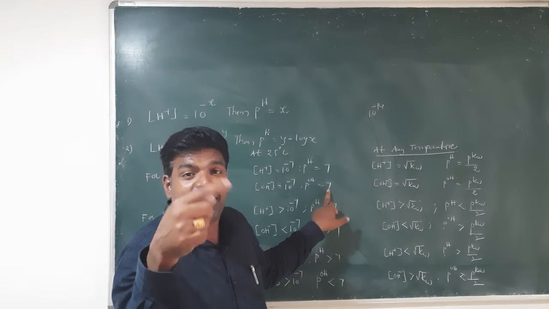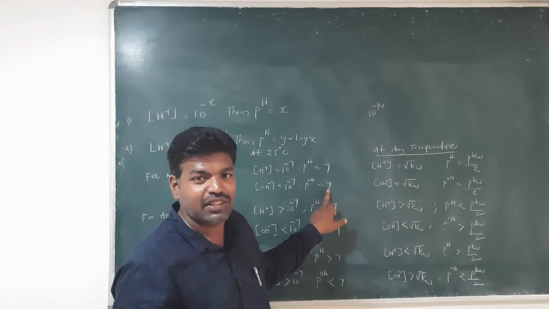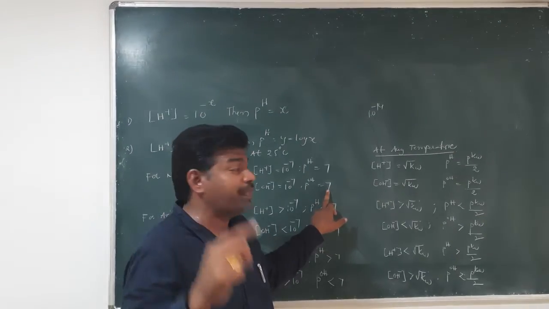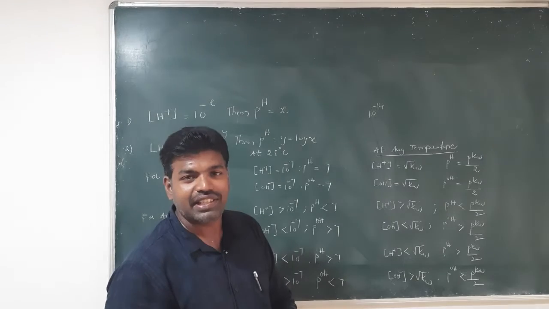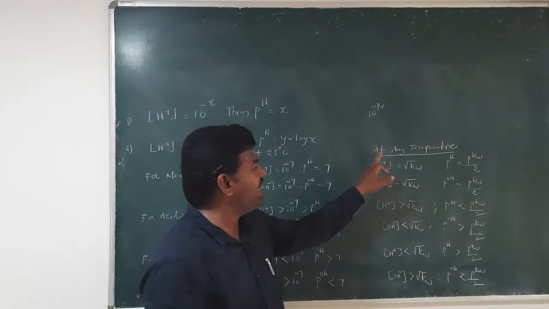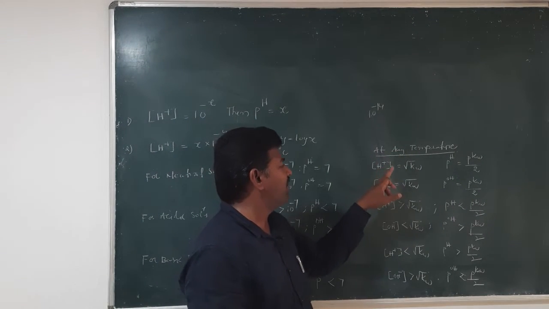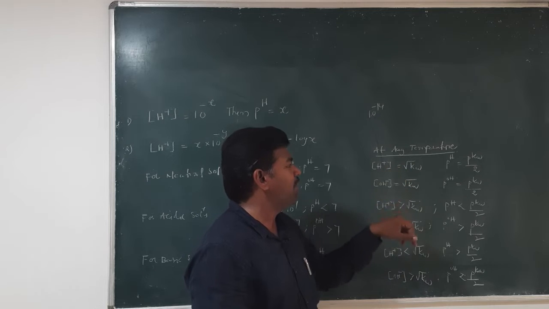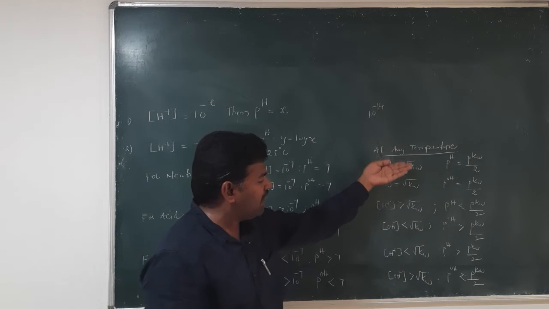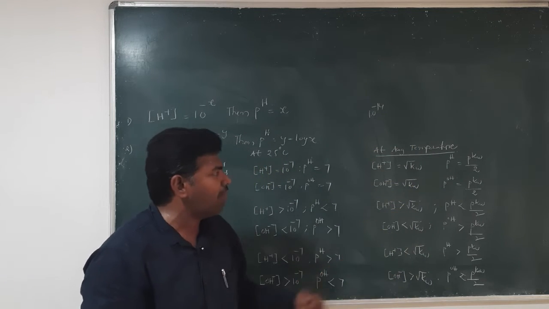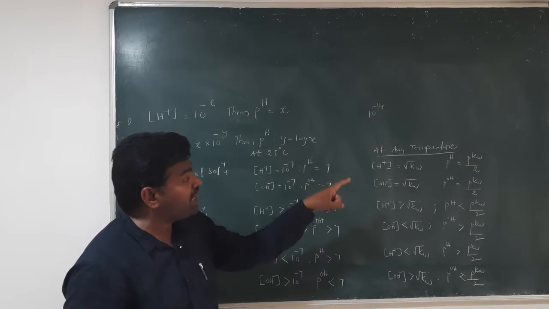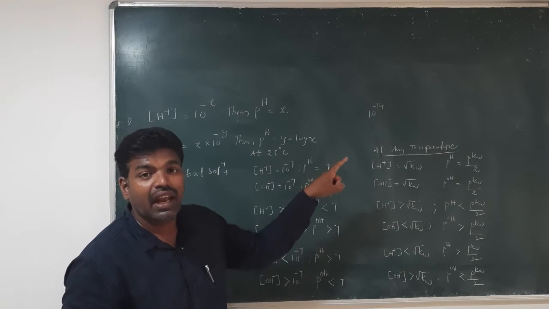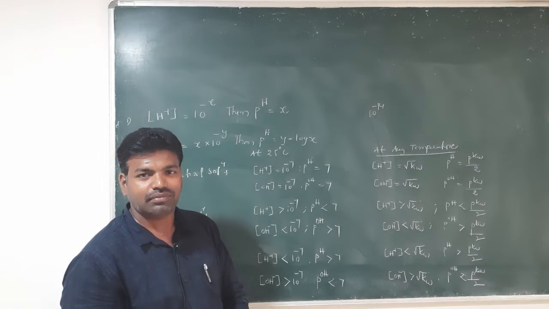So as the ionic product increases, pH values also vary. At any temperature, the concentration of H plus is equal to root Kw, and with the use of these formulas we can calculate the pH of any solution at any temperature.